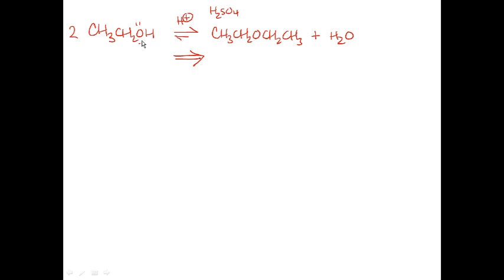Well, what we could do is we could say, okay, the boiling point of ether, being an ether, is around 35 degrees Celsius. The boiling point of ethanol, being an alcohol and having hydrogen bonding, is, let's say, in the 70 to 80 degree range. Give me 10 degrees either way.